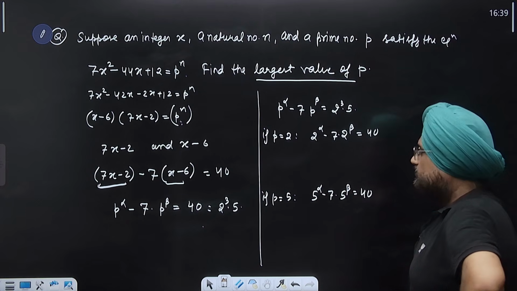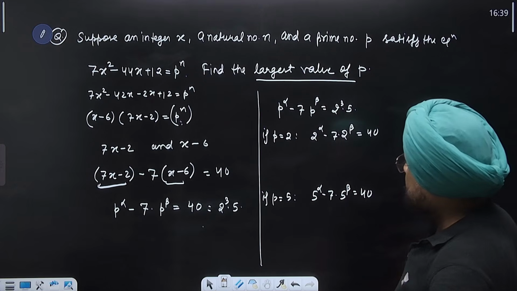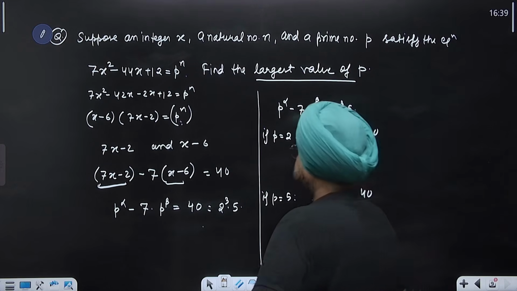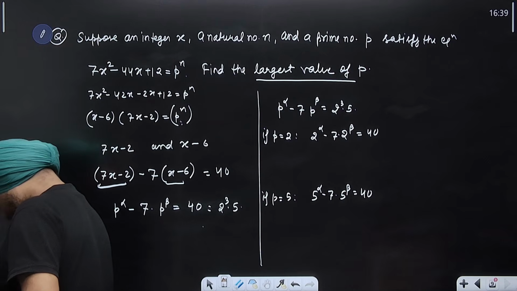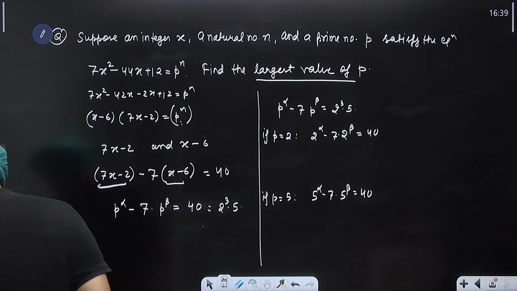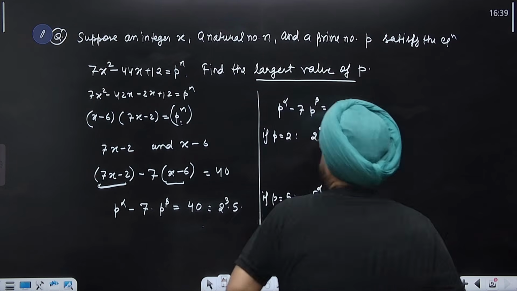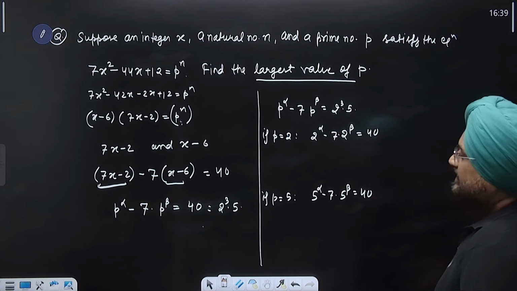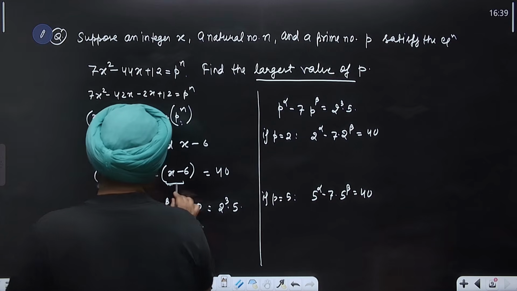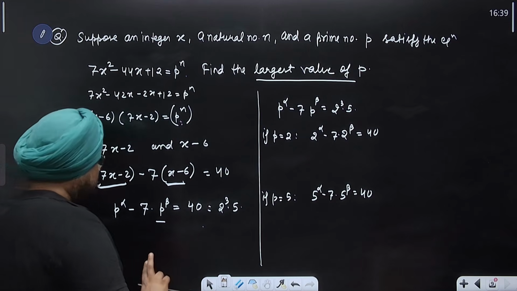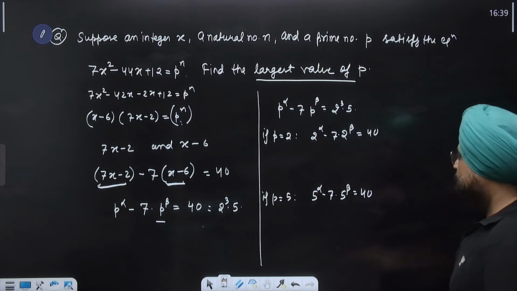See, for the largest value of p, if one of them does not have any factor of p, then it can have the largest value.